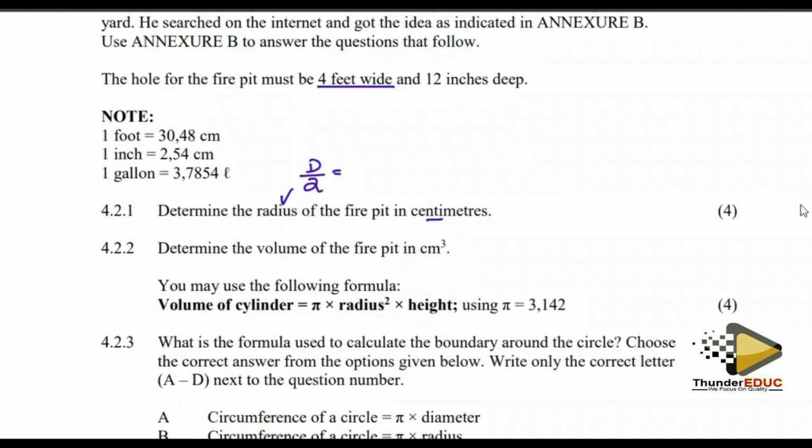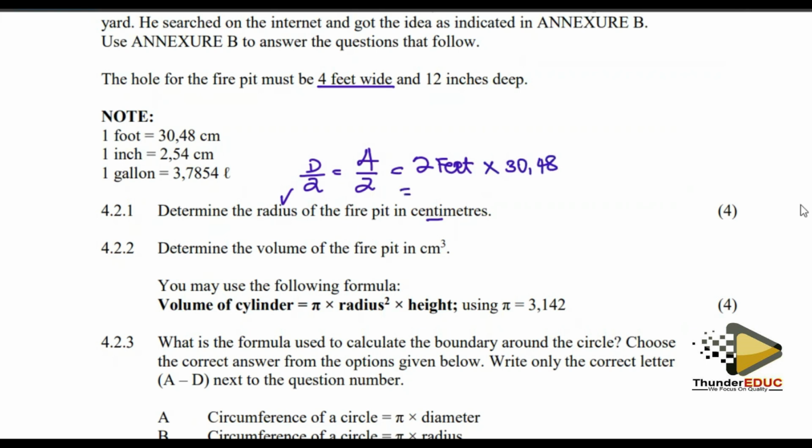Anyway, so we are going to change the 4 feet. We divide by 2. So we get our 2 feet. These are supposed to become centimeters. When you come here, they have told you 1 foot equals 30,48 centimeters. What if you have 2? So we shall need to multiply this by 30,48.